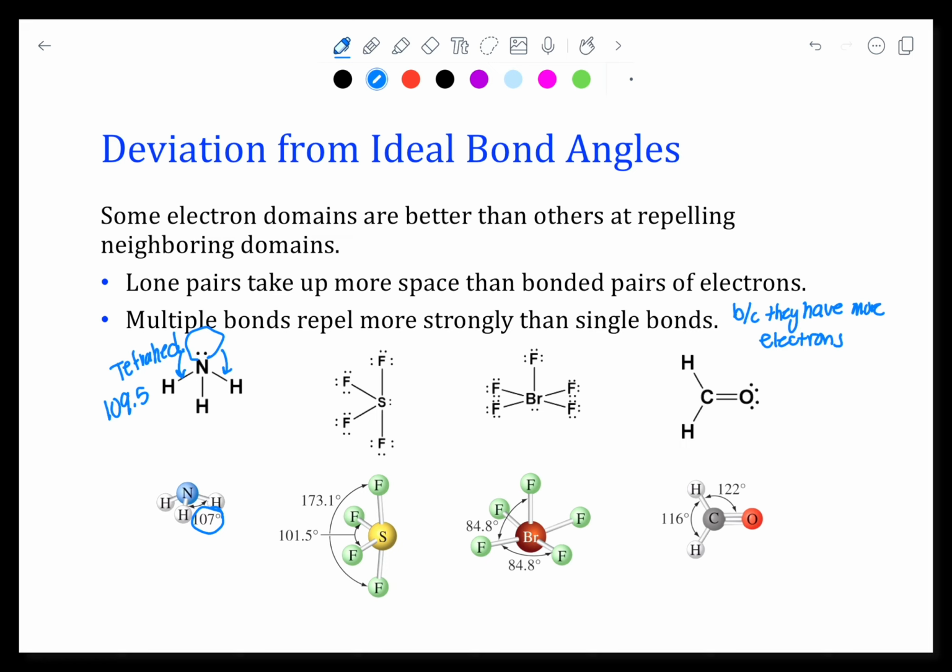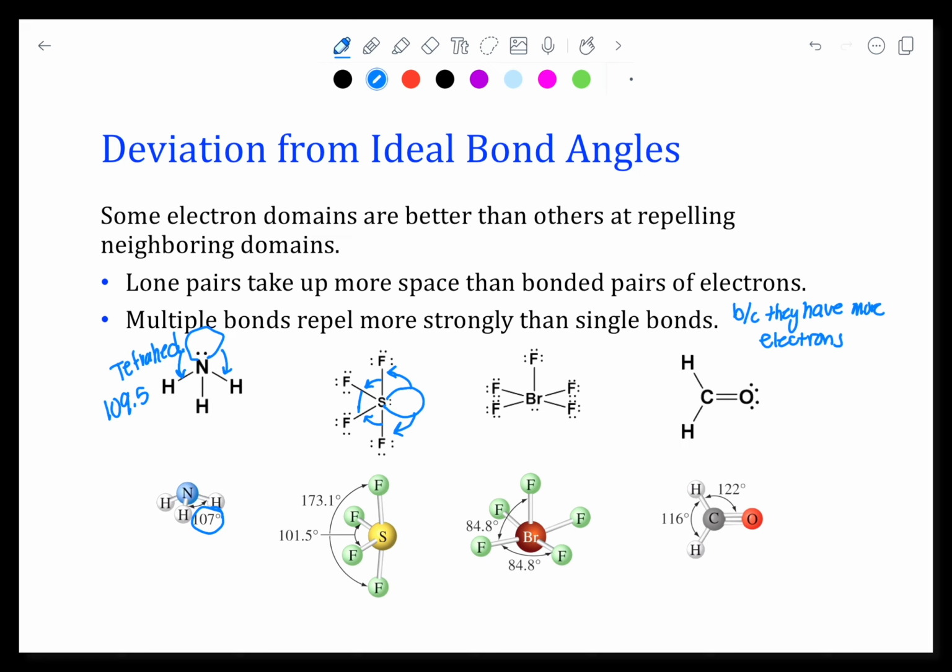For this one, we have SF4. We have a lone pair, again, on our central atom there. So what that's going to do is start to repel those F bonds, but then because those are being repelled, it's then going to repel these as well. So we went from having 180 degrees to now having 170 degrees, and from having 120 degrees to having 101 degrees. So they do change it.